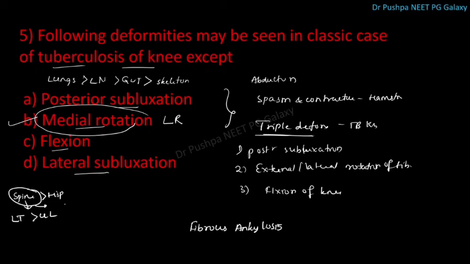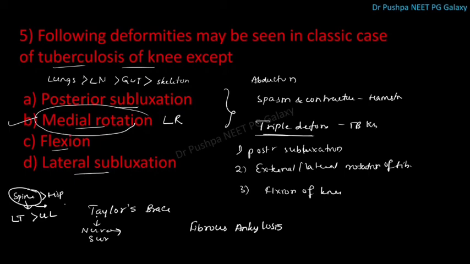The management of tuberculosis of any joint is starting anti-tubercular drugs and bed rest. In tuberculosis of spine, we can advise Taylor's brace. And if there is any nerve compression, then we can do surgery, that is anterolateral decompression with bone grafting.